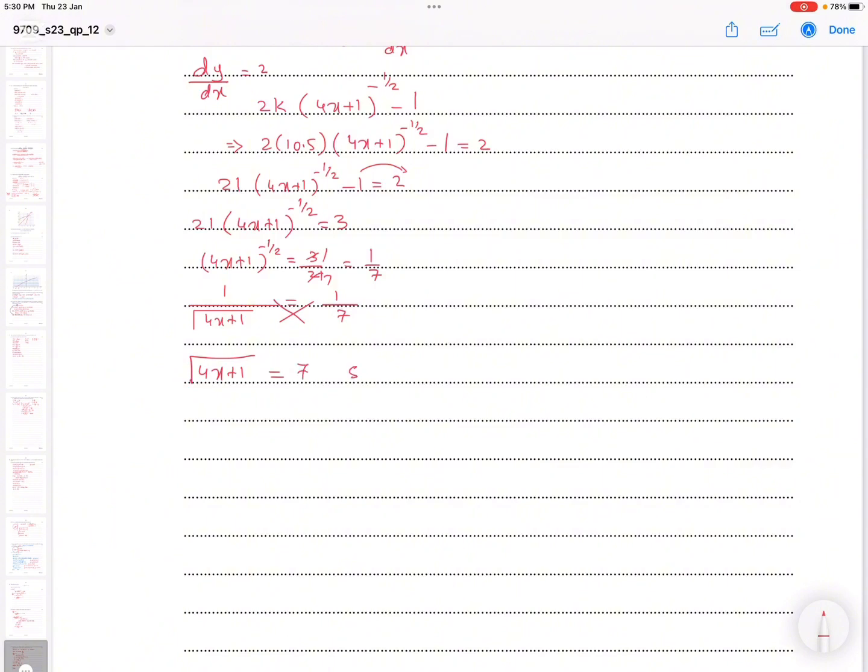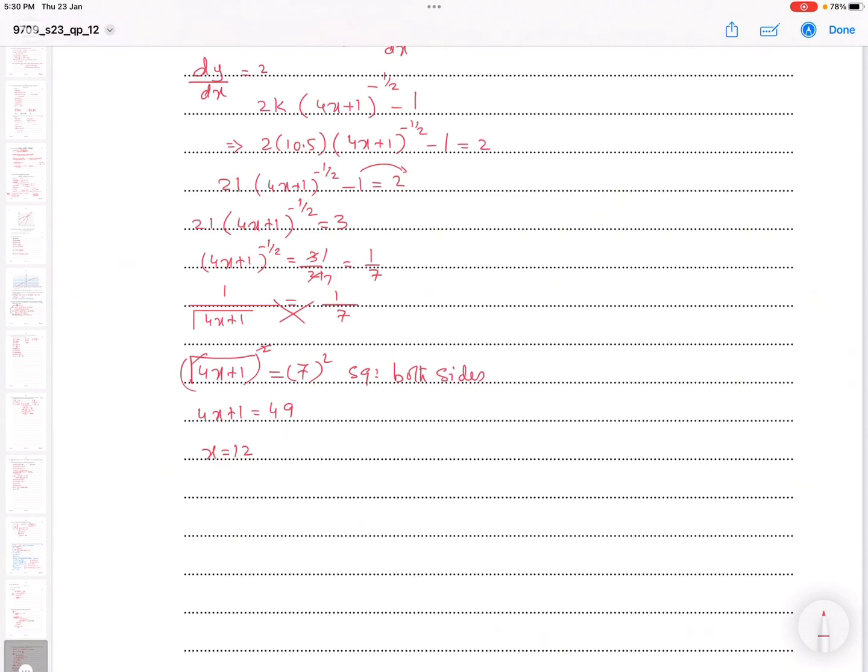Now square both sides. By squaring, your square root will be gone and it becomes 4x plus 1 is equal to 49. And from here, your x would be equal to 12.